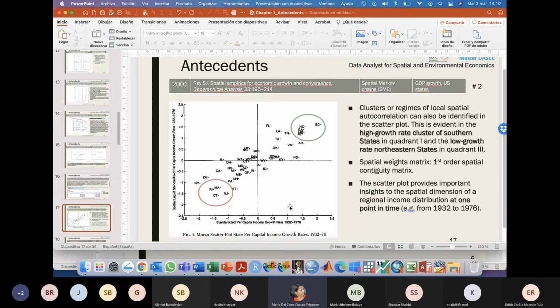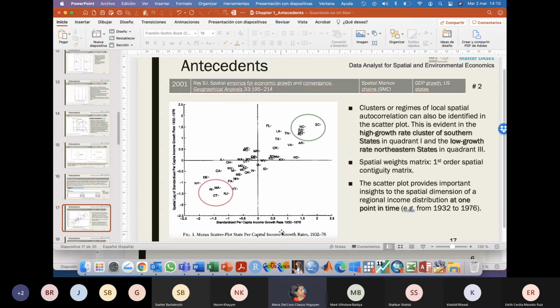So it is interesting how the Moran's scatter plot is used to analyze this intradistributional phenomenon. So don't forget that we are representing growth rates. This is the point. Not levels as is usual, but the growth rates.